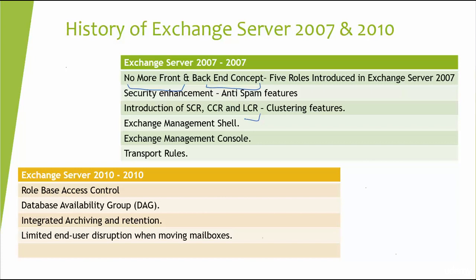So if one of the servers goes down, you were able to just use the other server. And then SCR and CCR clustering was one of the other clustering features that was introduced in Exchange Server 2007.